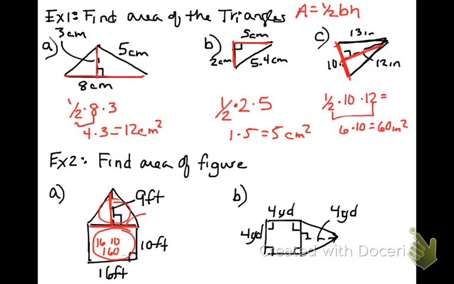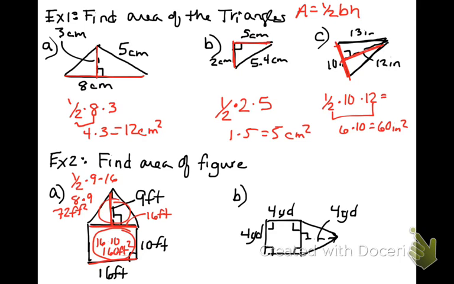And the bottom one is the same as the bottom of the rectangle, so that makes it 16 feet. So you're going to do 1/2 times 9 times 16. So that would be 8 times 9, and that's 72 feet squared.